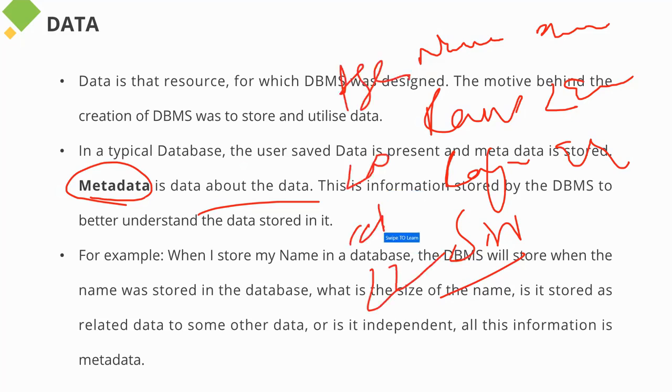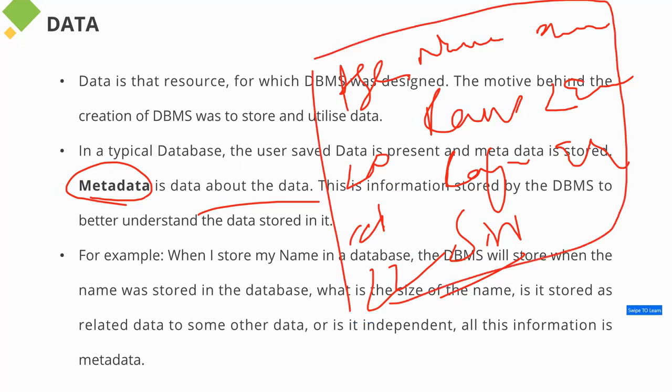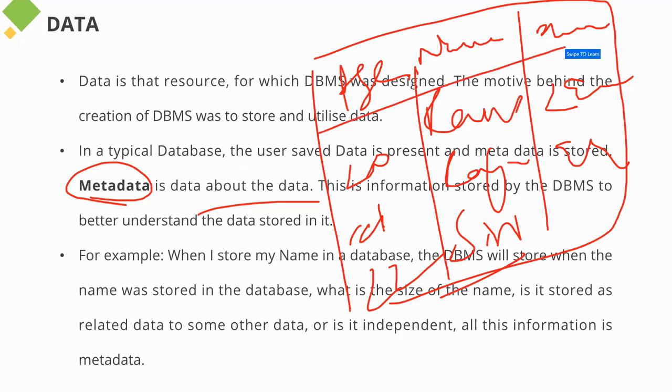This is data in table format: age, name, and mobile number. That is the logical view; in the physical representation, this is how the data is stored.